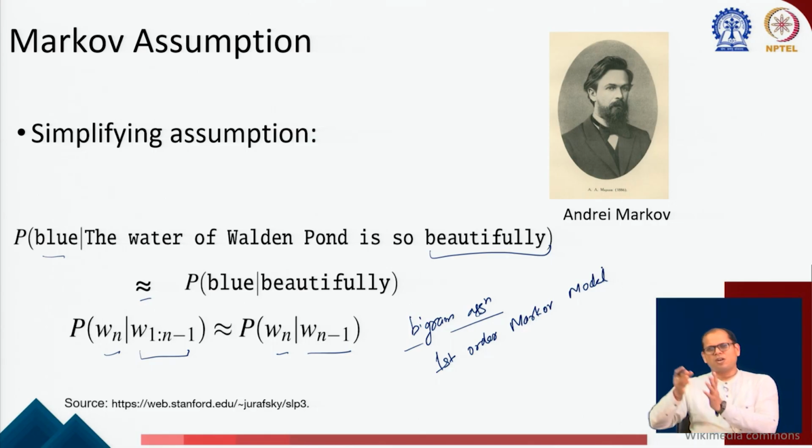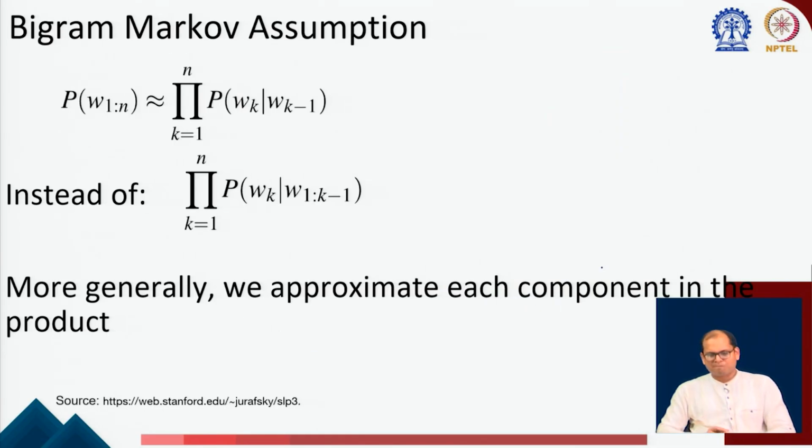But you can also change the order. You can use the 0th order Markov model, first order, second order, and so on. So this is the whole idea. You would approximate it by just the previous few words that you have seen in the sequence. Okay, so this is the bigram assumption: you are saying wk given wk minus 1.